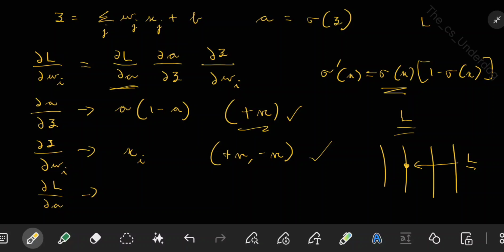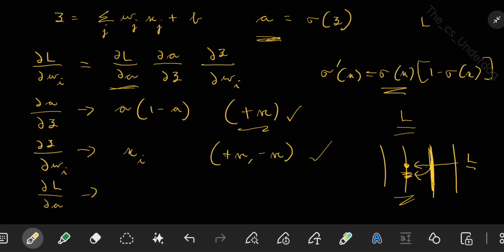The derivative of loss with respect to the activation here will be the error signal that is flowing back from the next layer, whatever is the error signal flowing back from this layer.